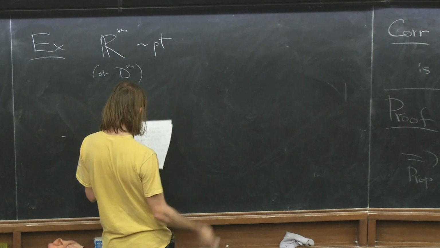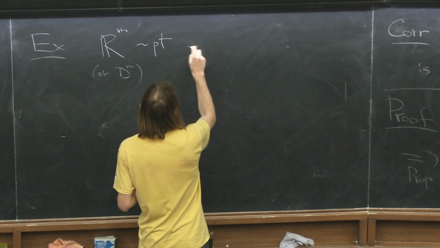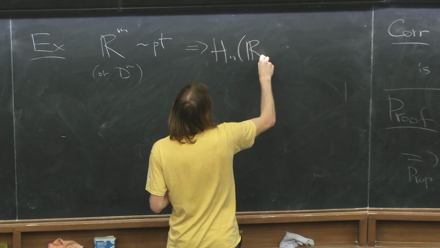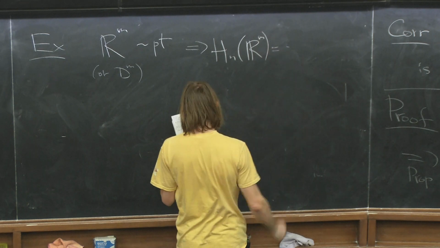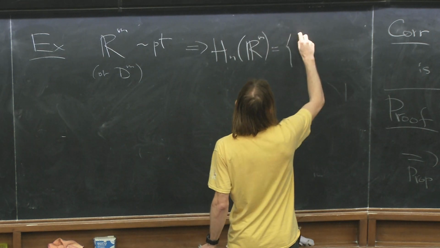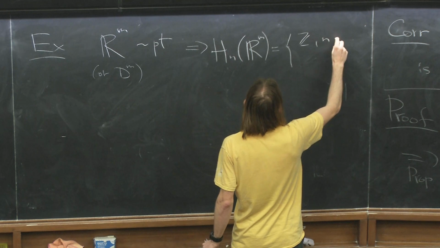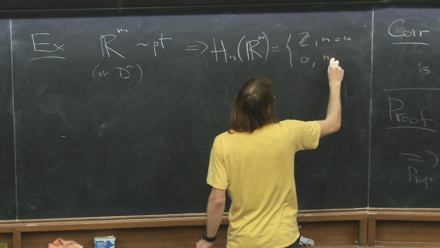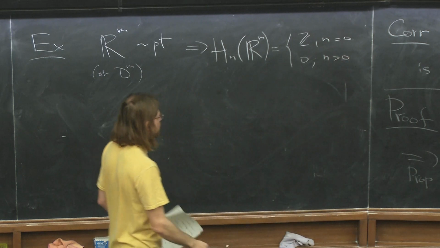This means they all have the same homology groups: Z when n equals 0 and 0 when n is greater than 0.